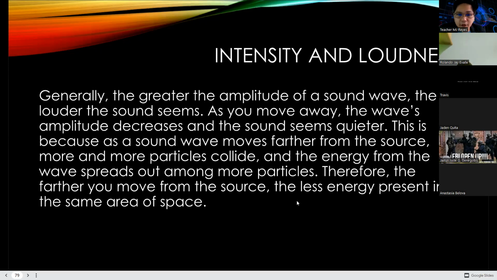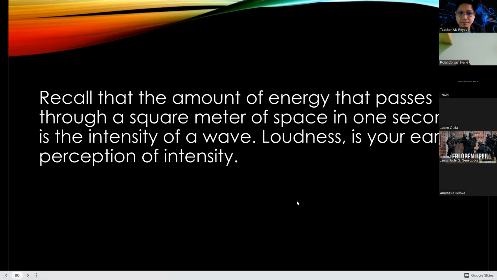Therefore, the farther you are from the source, the less energy is present in the same area of space. Recall that the amount of energy that passes through a square meter of space in 1 second is the intensity of the wave. Loudness is your ear's perception of intensity.